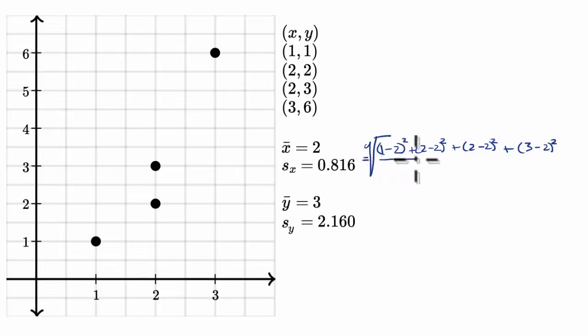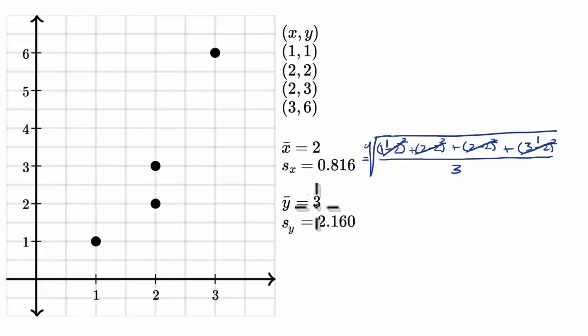All of that over, since we're talking about sample standard deviation, we have 4 data points, so one less than 4 is all of that over 3. Now this actually simplifies quite nicely because this is 0, this is 0, this is 1, this is 1, and so you essentially get the square root of 2/3, which, if you approximate, is 0.816. So that's that.